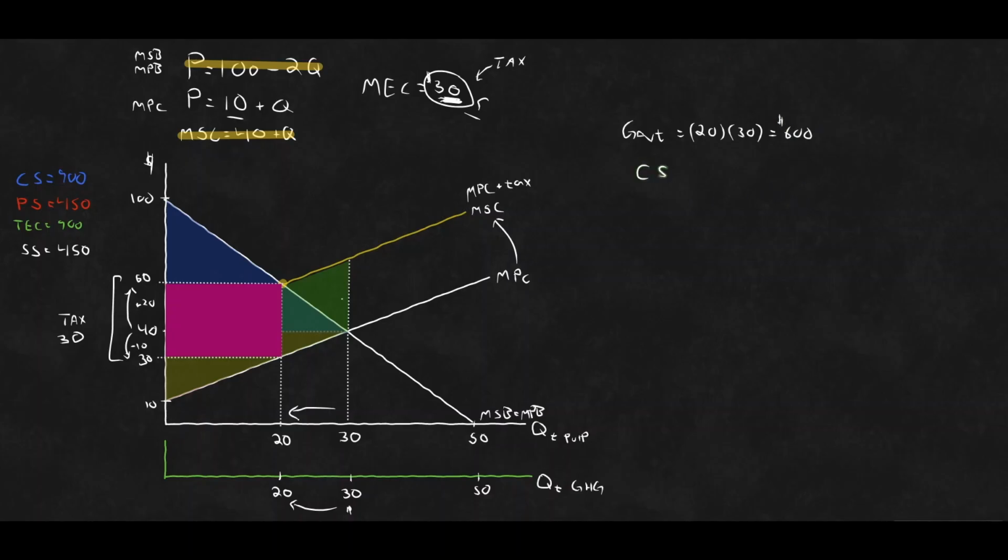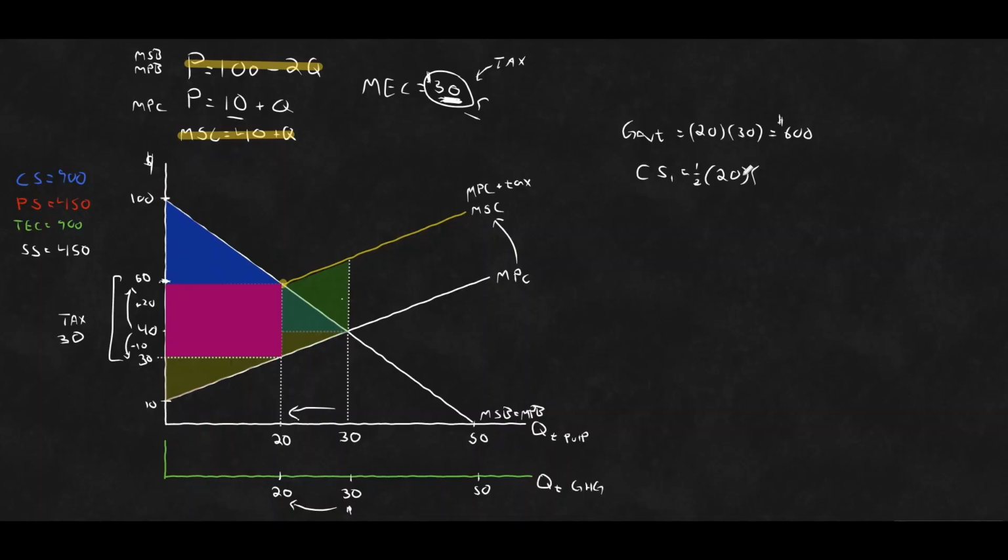How's the consumer doing? Well, the consumer under this tax is now receiving below their willingness to pay, above the price they have to pay. So they're getting that blue triangle now, which is 1/2 base. They're only consuming 20 tons of pulp, so base of 20, height of 100 down to the price they pay of 60.